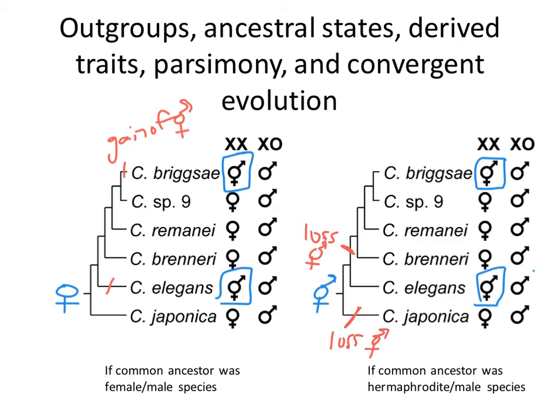Okay, then what would we have to do from this point? We'd have to have a gain of hermaphroditism for C. briggsii. Okay, so that requires 3 steps. 2 losses and 1 gain. Did anybody think that they have one explanation for this tree that's more simple than that?